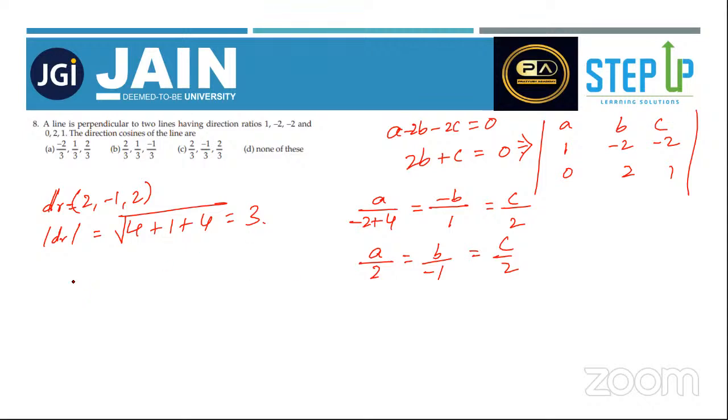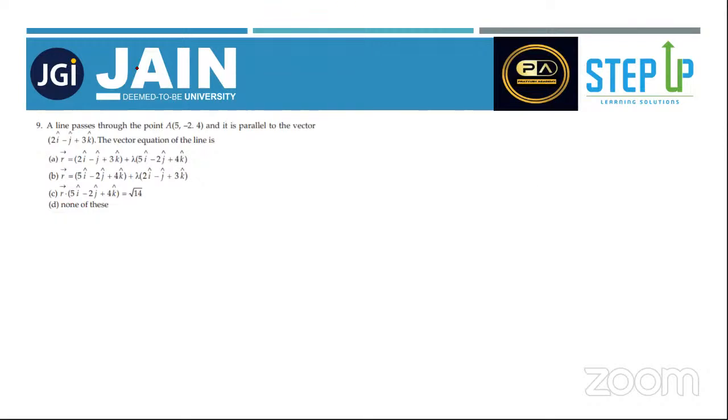So what is the answer? 2 by 3, minus 1 by 3, as well as 2 by 3. The answer is option C. Okay, you understood? Try to solve this one.